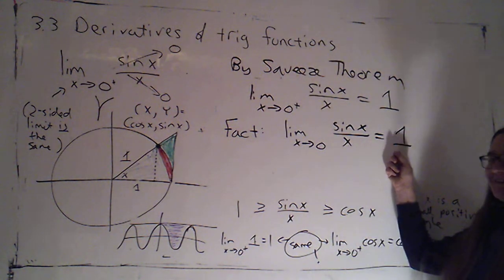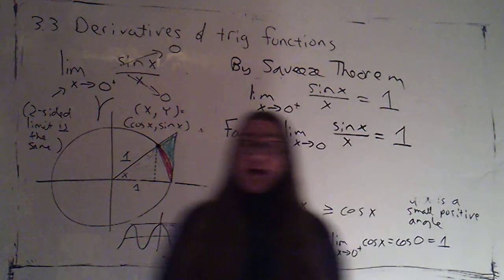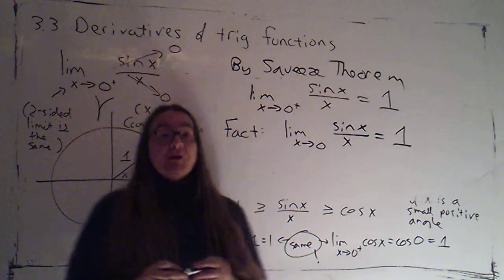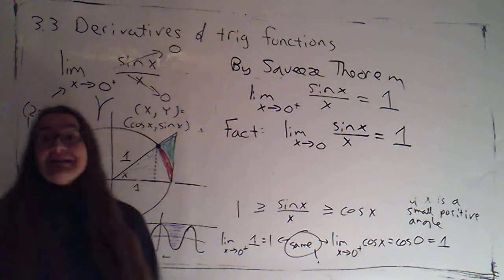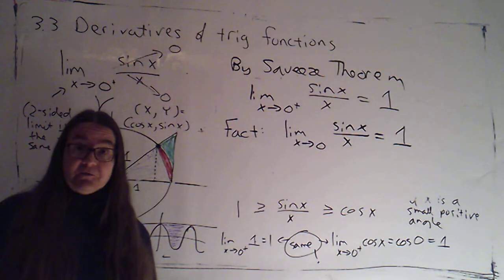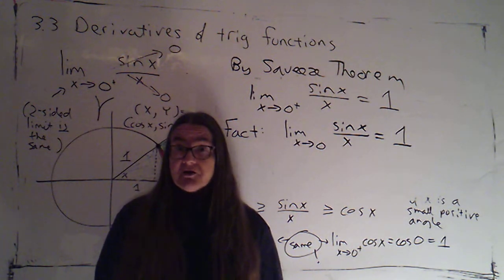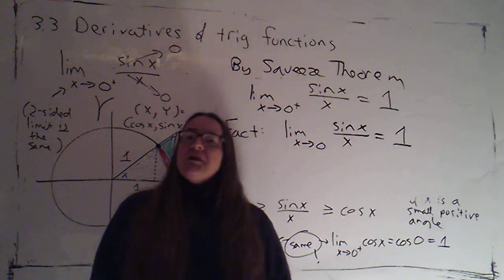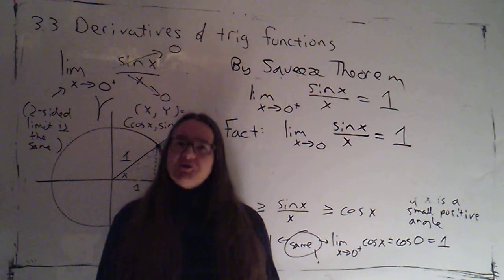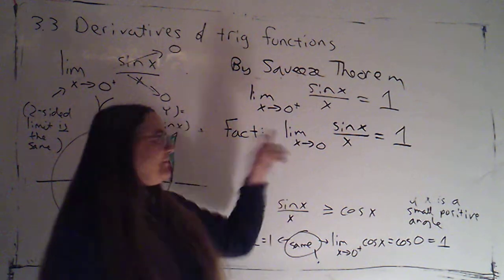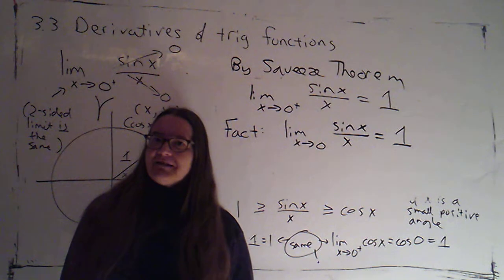Not obvious, but true. Now, some of you may have had calculus before, in which case you may have learned a much easier way of figuring out this limit, and it's called L'Hopital's rule. We will be studying L'Hopital's rule later this semester. It's great. The problem is, in order to use L'Hopital's rule, you would need to know what the derivative of sine of x is.